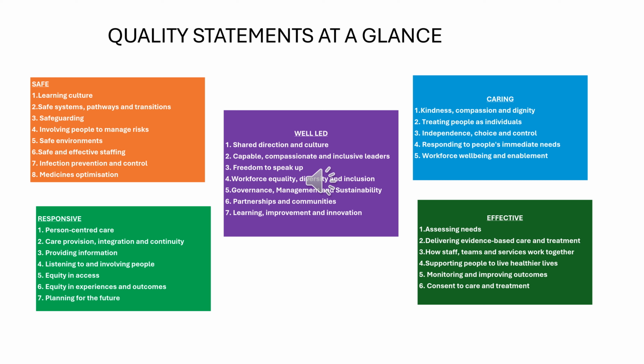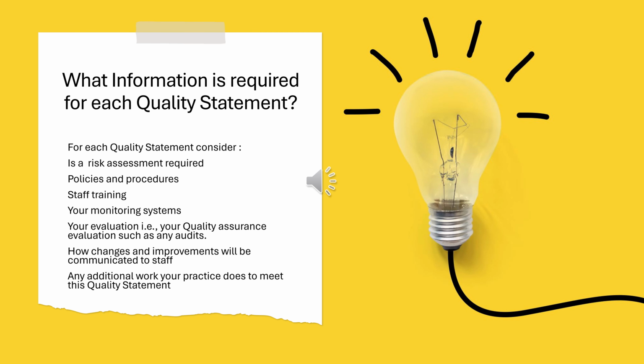For each quality statement, the amount of information may vary. So for safe environments, for example, you may be required to add a lot more information than, say, you would for equity in access. So what information is required for each quality statement?